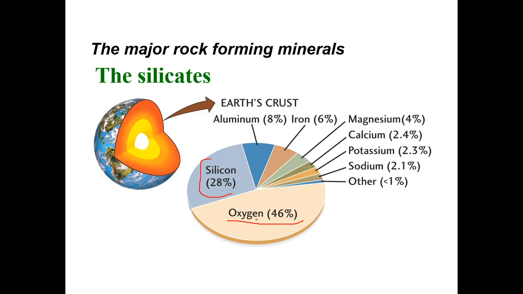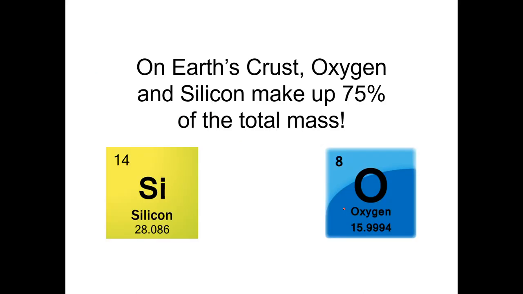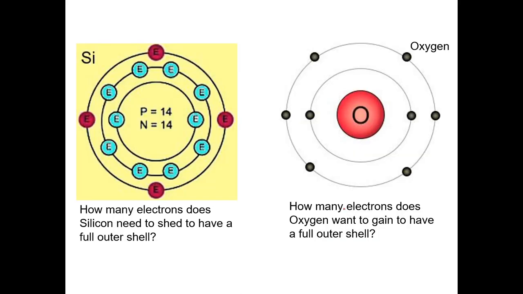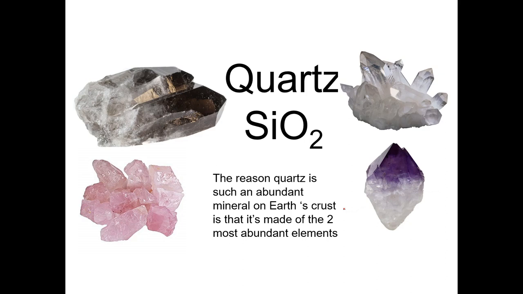But the silicon and oxygen in Earth's crust combine to give us something called a silicate molecule. Silicon and oxygen together make up 75% of the Earth's crust, and they are going to combine together to give us what are called silicate minerals.